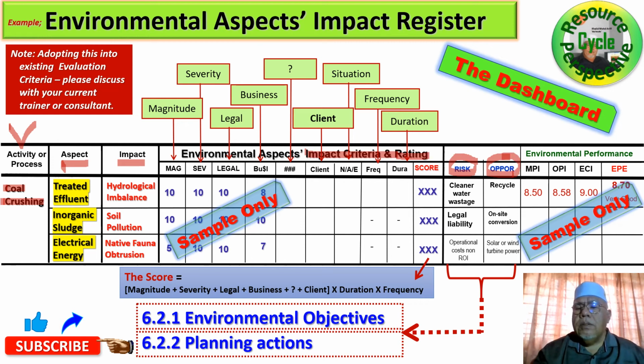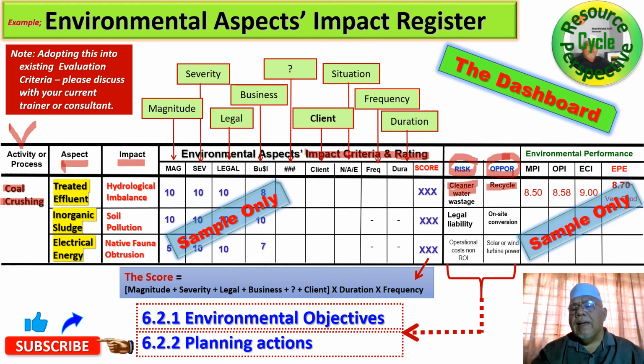And we got to write something there. What are the risks involved? For example, treated effluent, the impact is hydrological imbalance. What is the risk? We are wasting water. Cleaner water is being discharged out. What for? Don't you think we should reuse the water?